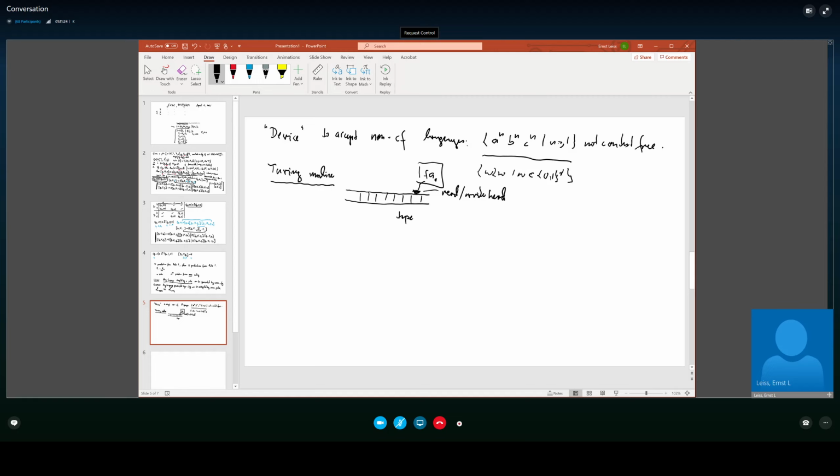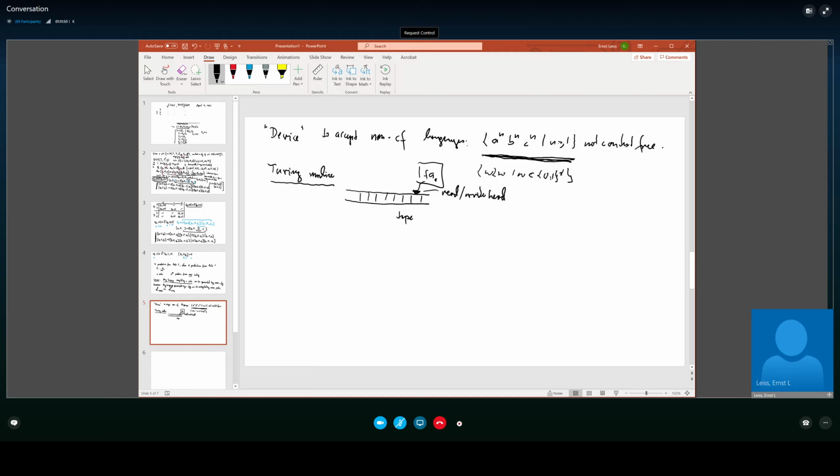You are now in a state, you see the content of a cell, and on the basis of that, you can then make another move, and so on and so forth. And that basically allows us to deal with more complicated languages, for instance, this one.